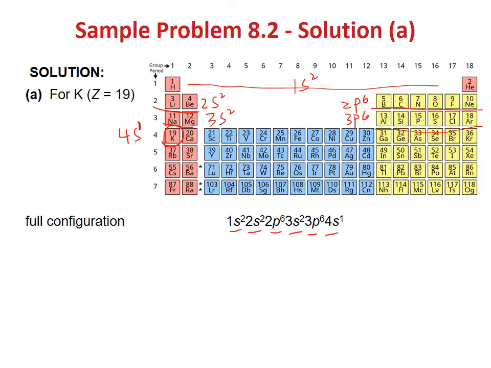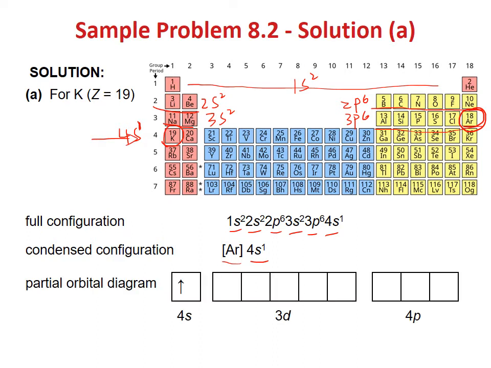The condensed configuration, we choose the previous noble gas, which is argon. Okay, so we write argon in brackets, and then 4s1. To draw the orbital diagram, we show only the fourth row, which has one 4s orbital, five 3d orbitals right here, and 4p orbitals right here.